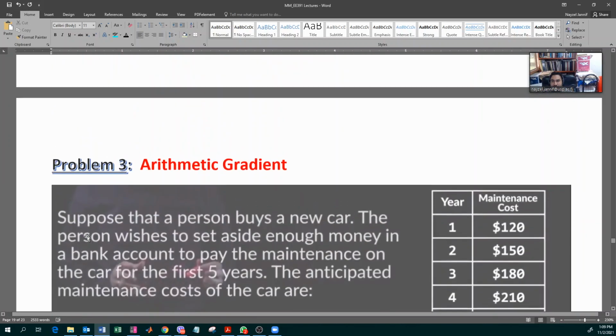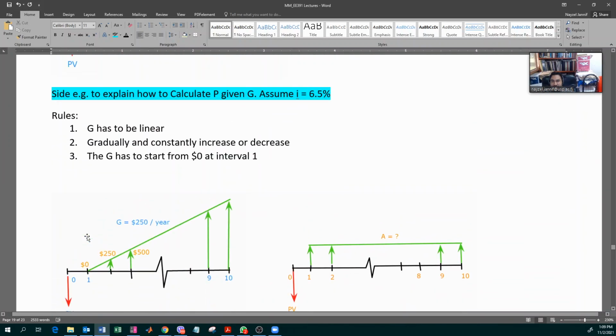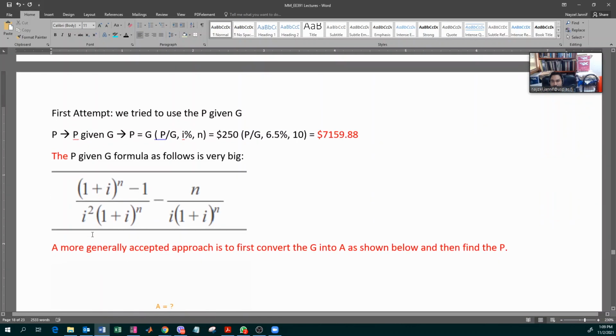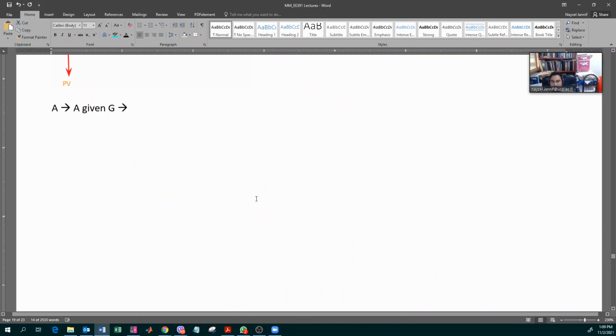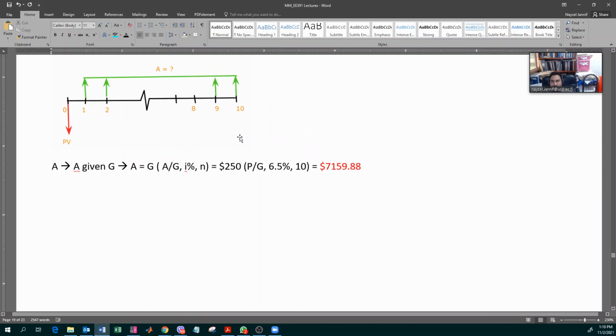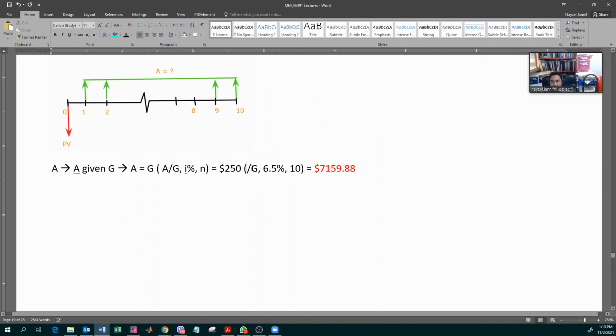All right, A given G. Now for A given G, what are our variables? Well, our A will equal G times A given G, and we have $250, which is our G, and we want to find our A at 6.5%, 10 years.